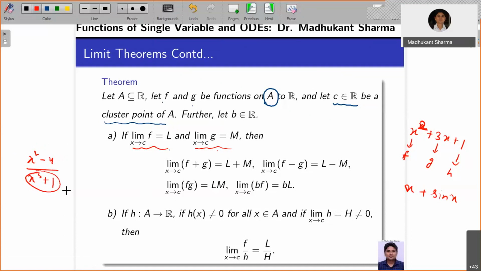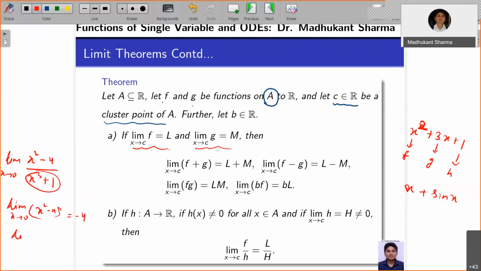If the limit exists and it is non-zero for every x in A, and the limit is also non-zero, then you can refer to the result and say that the limit is going to be L by H. So if I want to find the limit as x tends to 0, I know that the limit as x tends to 0 of x squared minus 4 is equal to minus 4.